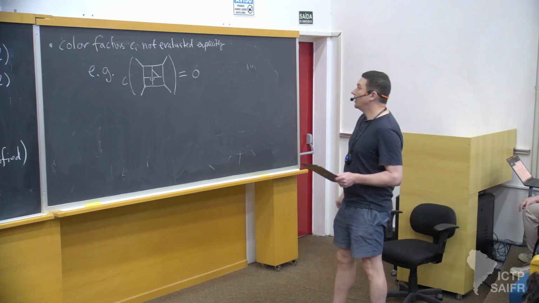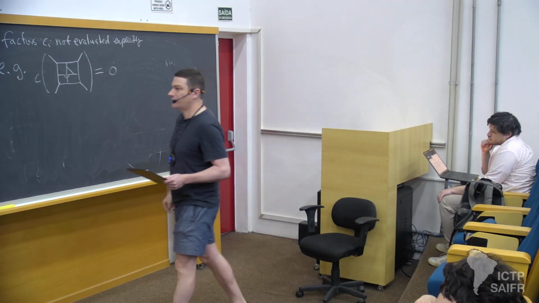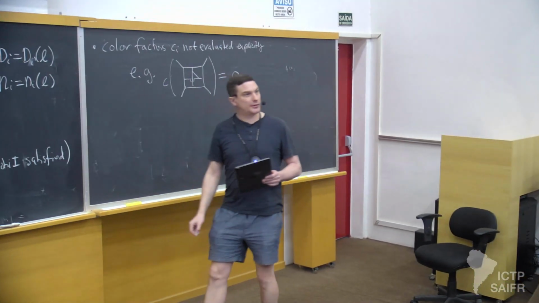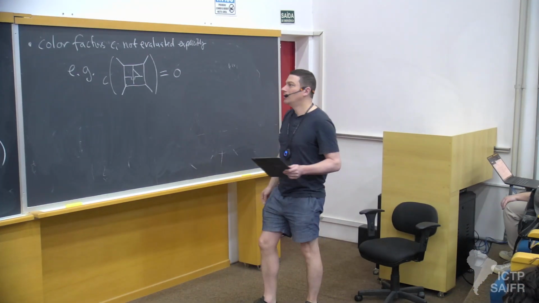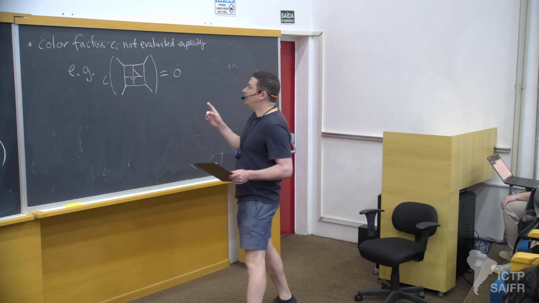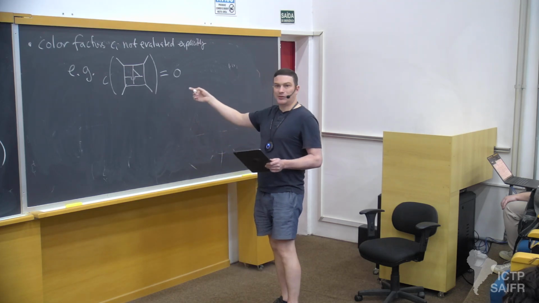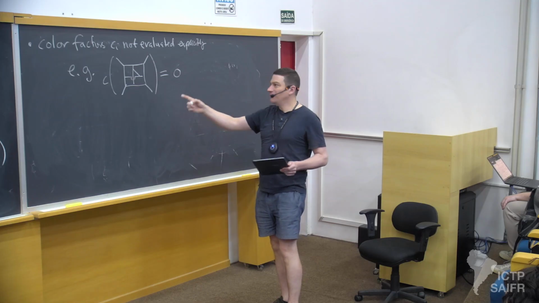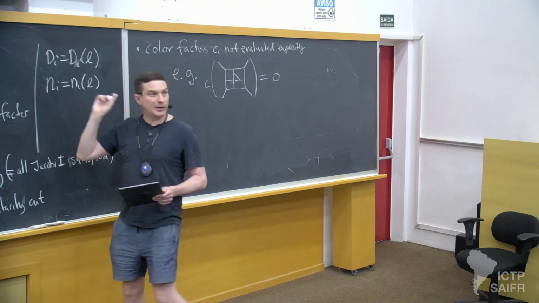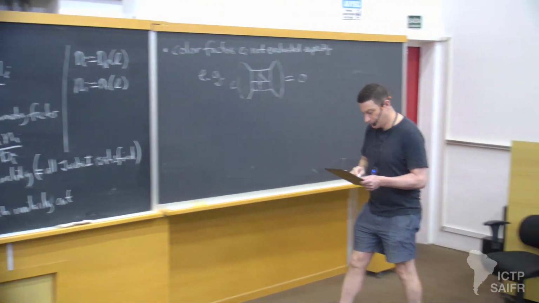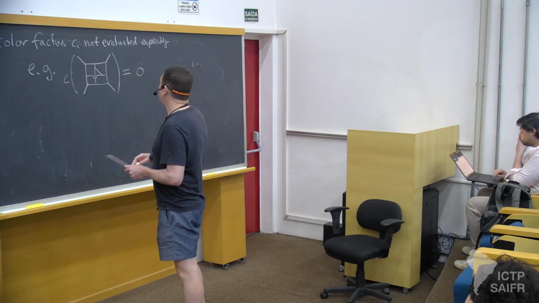That's an accident of this graph having a lot of symmetries, and those symmetries are in conflict with each other, and that's why when you evaluate it, you get 0. That doesn't mean that you should actually use that, because I consider that to be an accidental property. That property does not have to be reflected in the numerator, so let's not use it.